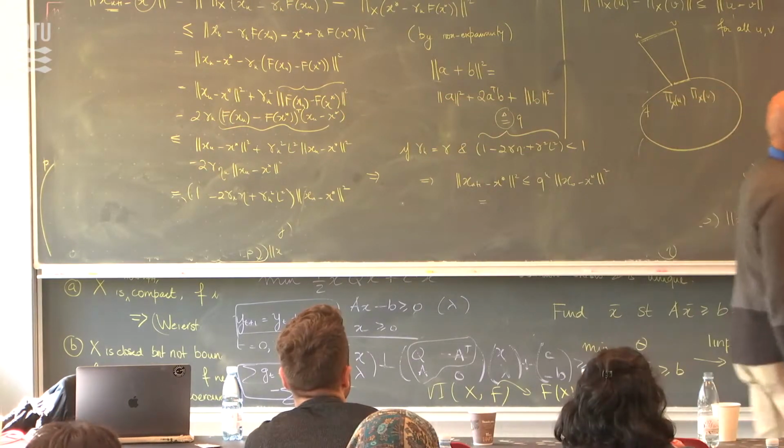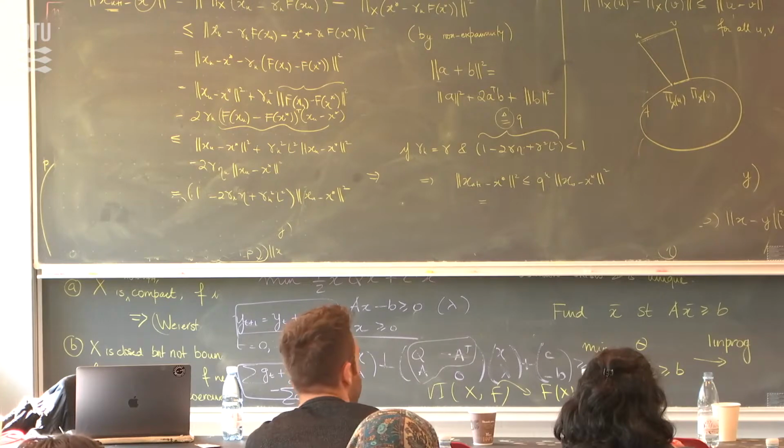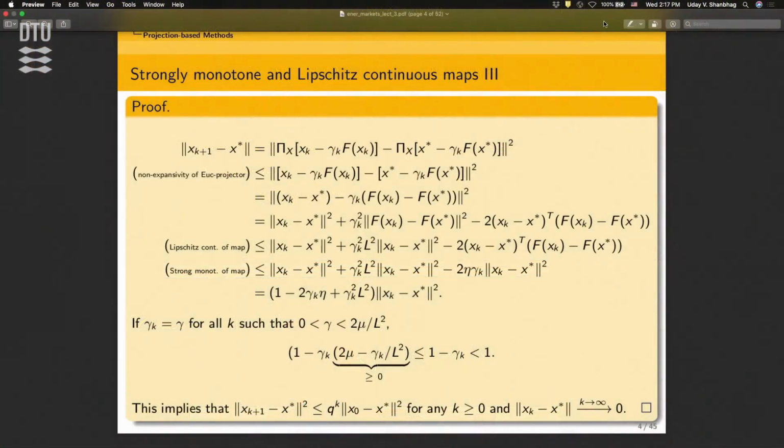Just so that you can prove this, it's easy to see. If gamma_k is taken out common, you get 2 mu minus gamma_k over L squared. For this to be non-negative, you need gamma to be less than 2 mu over L squared. It means that this is greater than or equal to 0, which means this is less than 1.